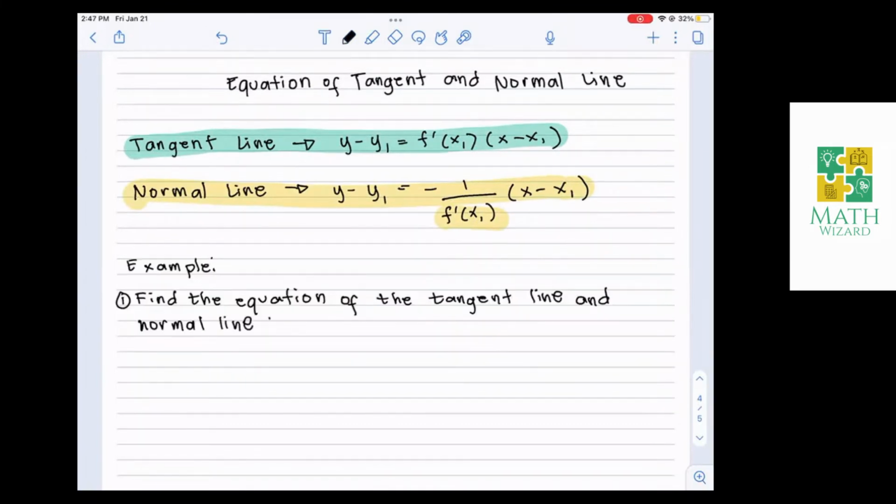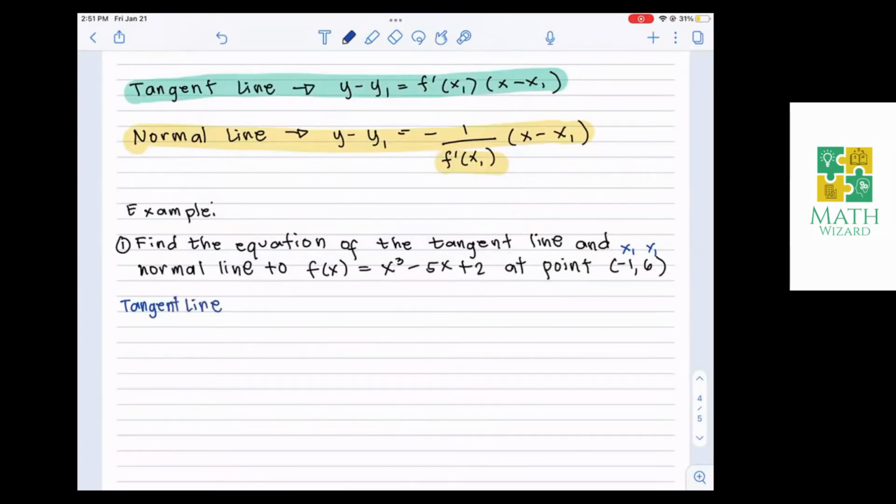Find the tangent line and normal line to f of x is equal to x cubed minus 5x plus 2 at point negative 1 and 6. So ito yung magiging x of 1 natin and y of 1. This is the x of 1 at ito ang ating y of 1.